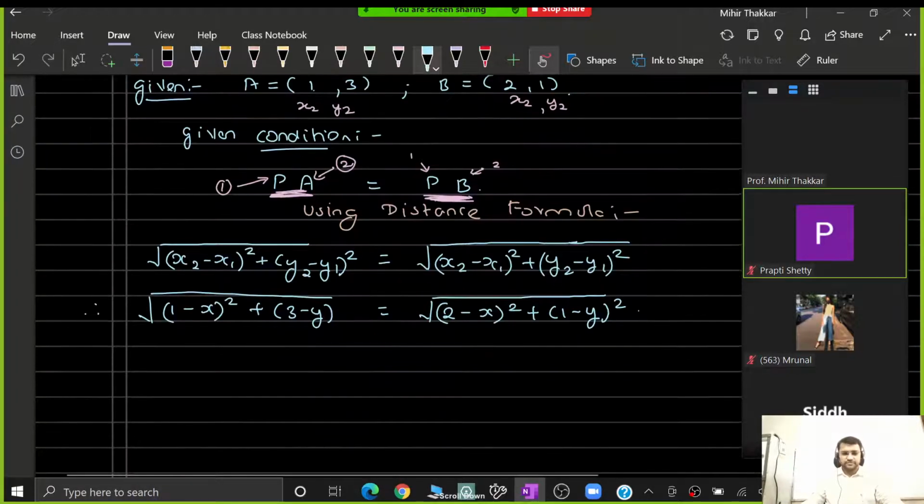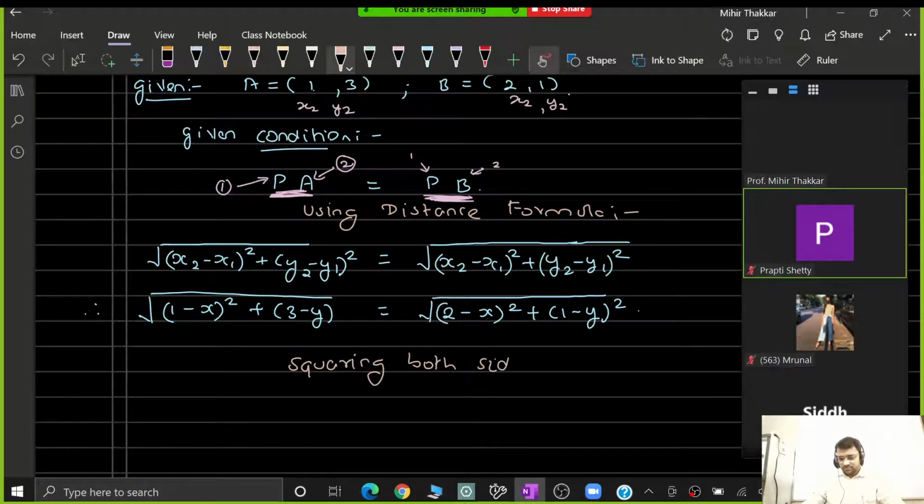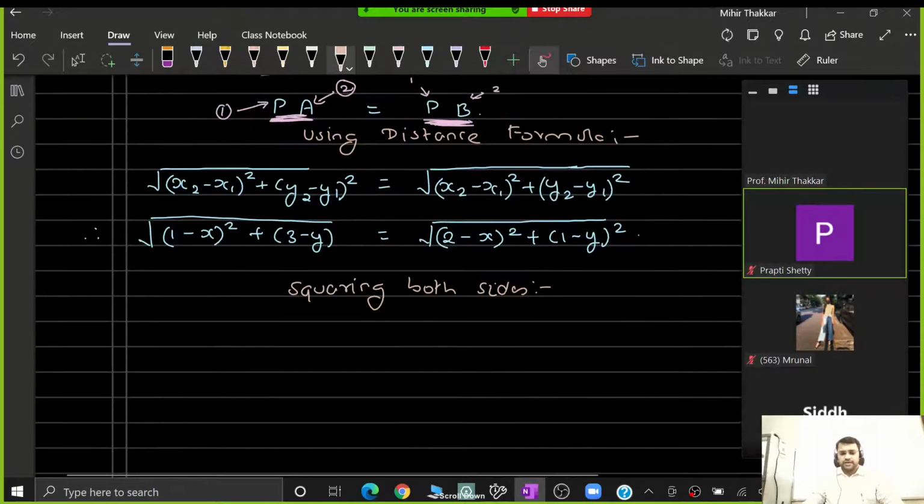the whole square. Because we want to remove the square roots, the easiest idea, as everybody knows, is squaring both sides so that I can just get rid of those square roots. You will not have to write the square roots again and again. And the inside elements we have to apply squaring using a plus b the whole square or a minus b the whole square, whichever formula gets applicable in that respective position.